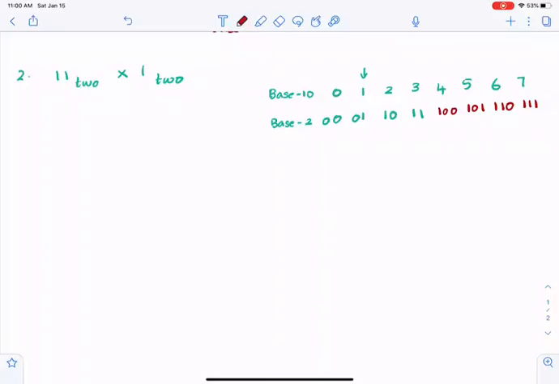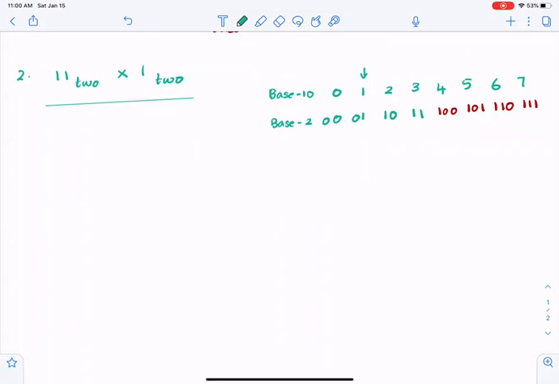So now that we have that sorted out, we can directly multiply the numbers in the bases. So 11 in base 2 multiplied by 1 in base 2. Here, nothing is going to change, similar to multiplying 10 times 1.